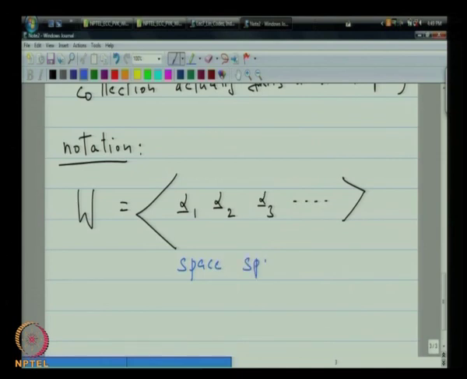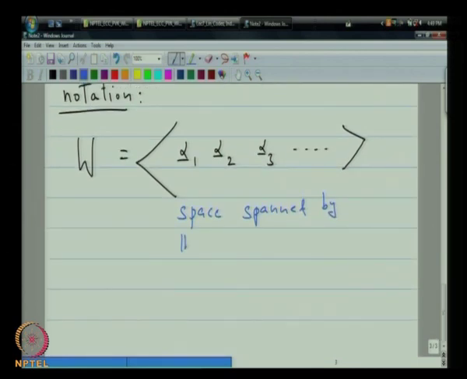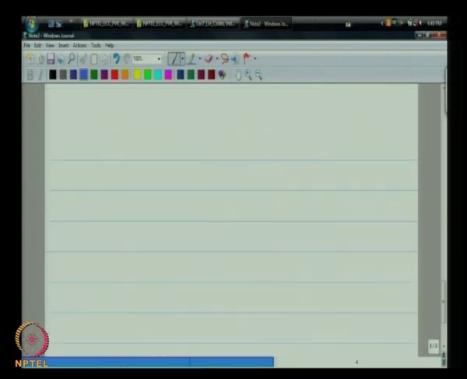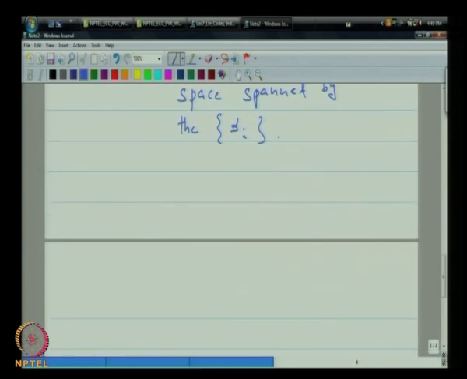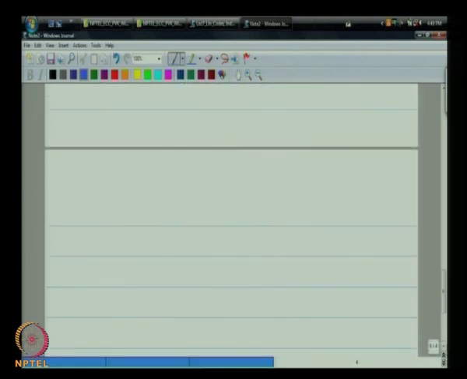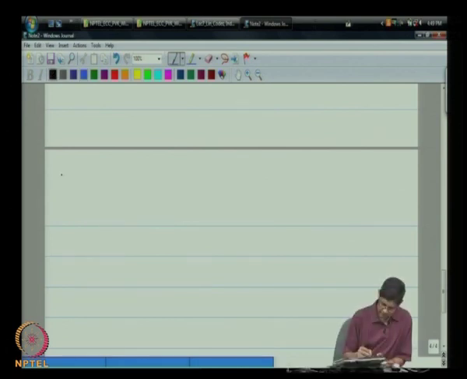So, this is the space spanned by the alpha I. Now, here's a question.